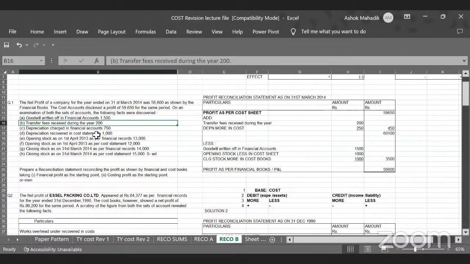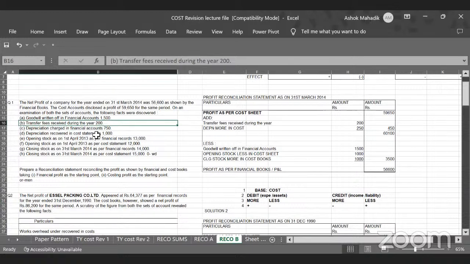So जो transfer received दिखा है, in cost sheet it must be zero. Cost sheet में होगा ही नहीं. समझे ना? So it's a credit item and in cost it is less. So उसके नीचे लिखना चाहिए, add. So go to add items and write there transfer fees received during the year only in financial books, not in cost sheet. Clear? Okay.